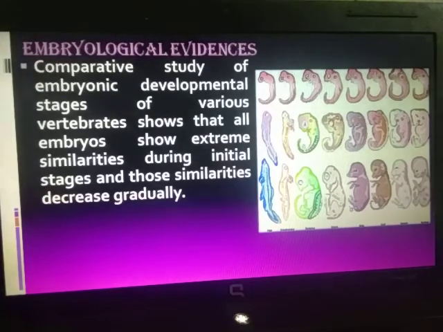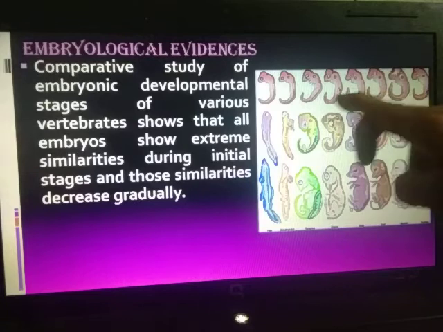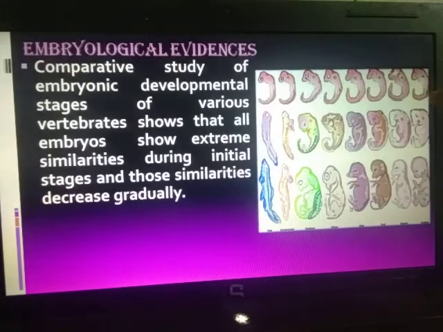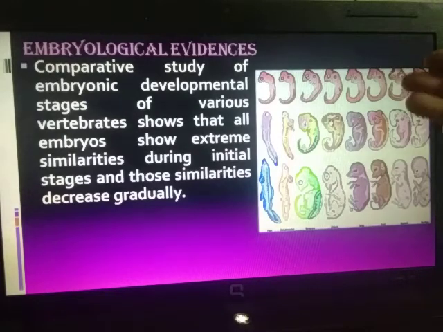So this shows that in all these different types of organisms, the initial stages of embryonic development are similar. Later on these gill slits or the tail disappear. In the adult organism they disappear. Before it is born, it is called a fetus. After the embryonic development, the next stage is the fetus stage. At this stage you will not find the tail or the gill slit.